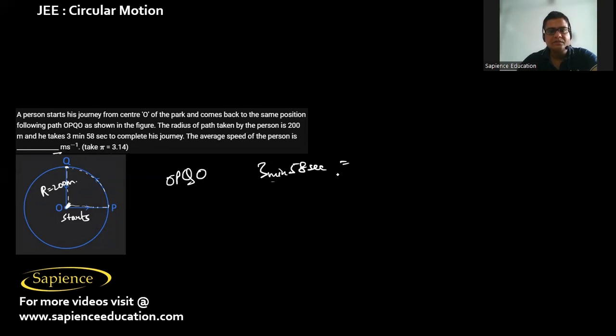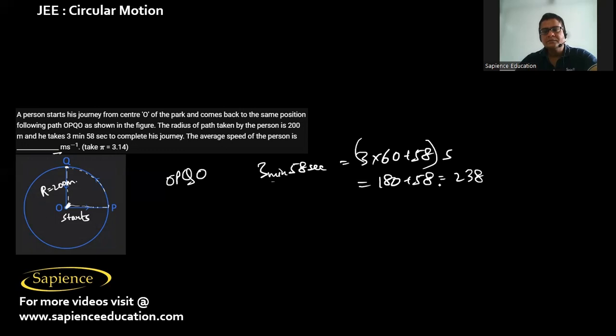Now 3 minute 58 second means it is 3 into 60 plus 58 seconds. So this will be 180 plus 58, that is equal to 238 seconds.